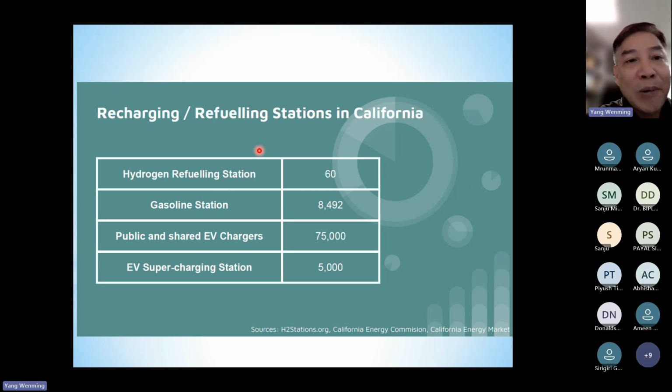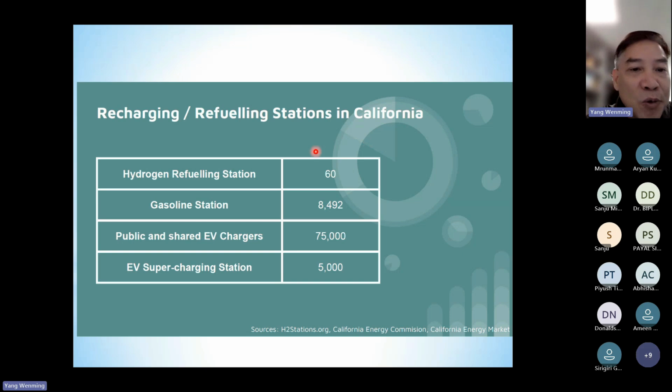The next one I want to share with you is recharging stations in California. This can tell us how convenient it is to recharge your fuel tank or your battery system.